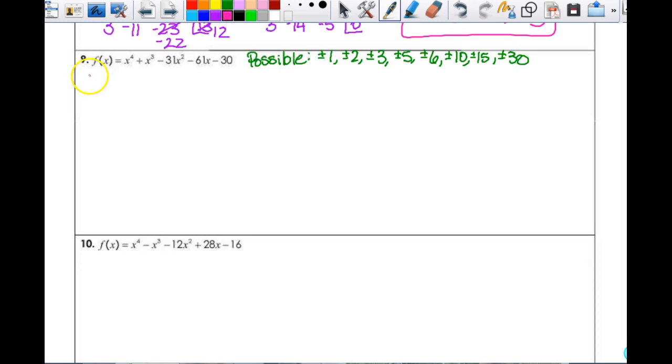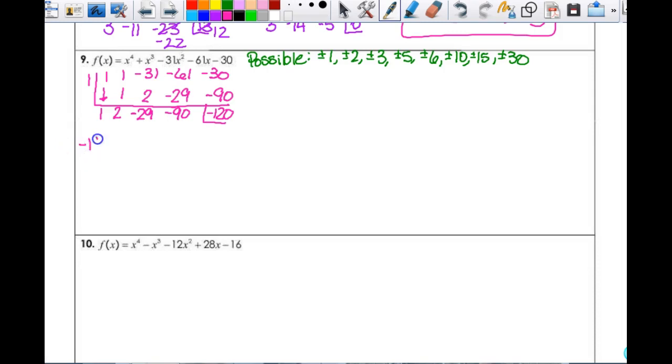Now I got to start. So we'll start with 1. So I got 1, 1, -31, -61, -30. Okay, let's go ahead and try that one out. So 1 does not work.